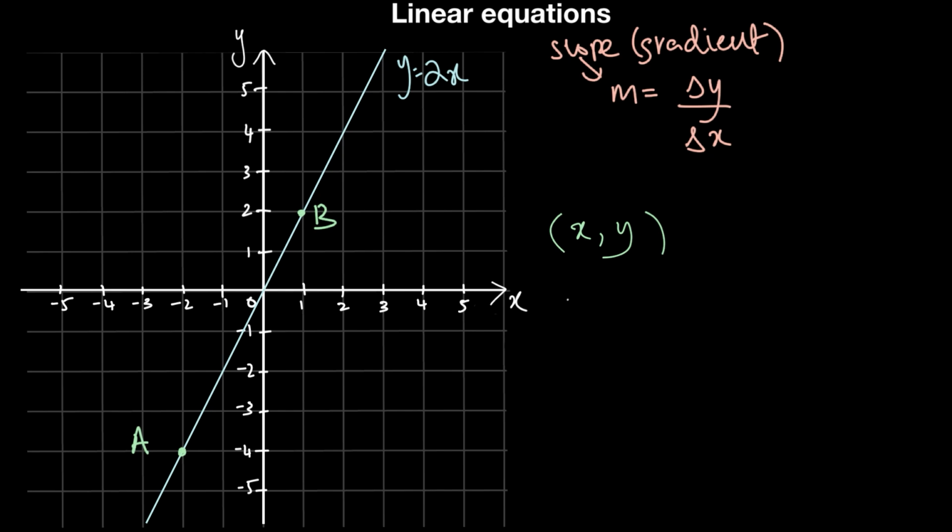So the point A has the x coordinate of -2, whereas the y coordinate for A is -4. So the coordinates of A are (-2, -4), whereas the coordinates of B are (1, 2).